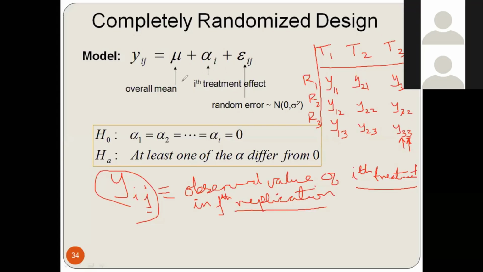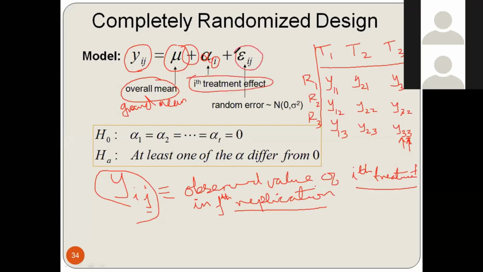So each observation is equal to the grand mean, or sometimes called the overall mean, grand mean, plus the treatment effect. This is the i-th treatment effect.